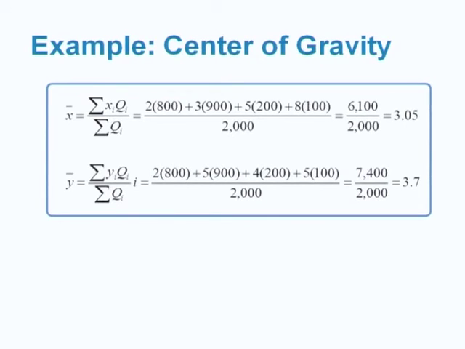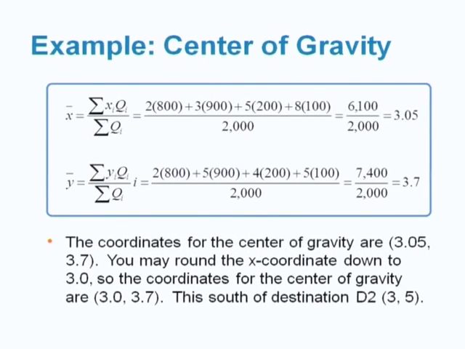By substituting the numbers in the table into the formula, we get the average x coordinate of 3.05 and the average y coordinate of 3.7. That means the center of gravity is at the coordinate 3 and 3.7, which is near the destination D2.